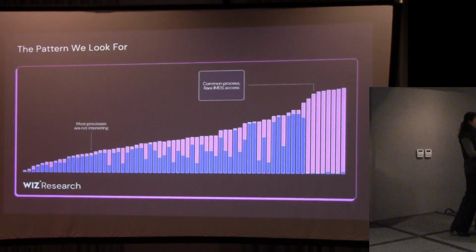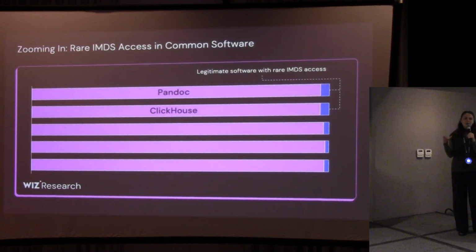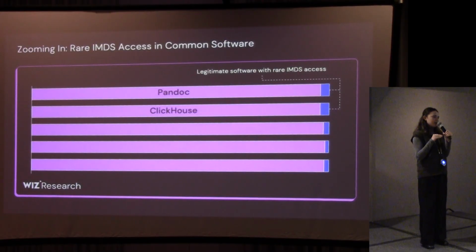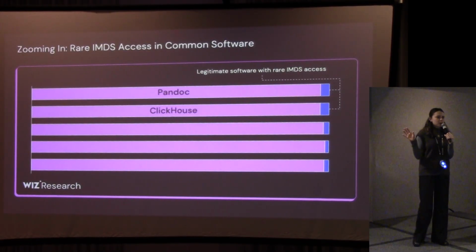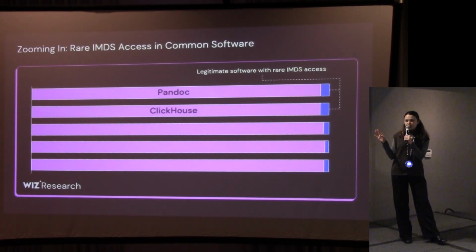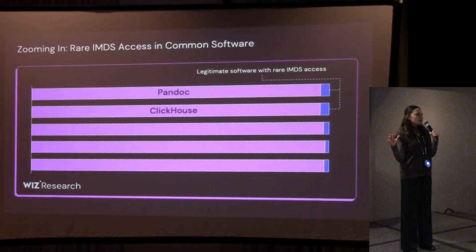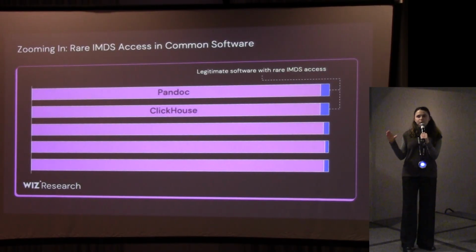And when we zoom in on the most interesting part of the graph, the bottom processes sorted by IMDS access, this is what it looks like. So each process here is widespread and legitimate, found in a lot of environments. Those aren't shady binaries or unknown payloads. These are perfectly legitimate, widely used tools.